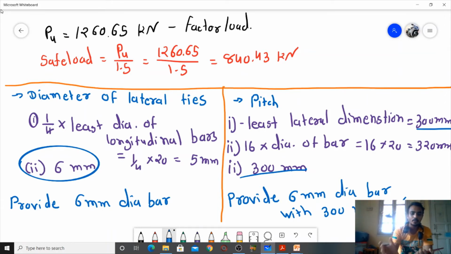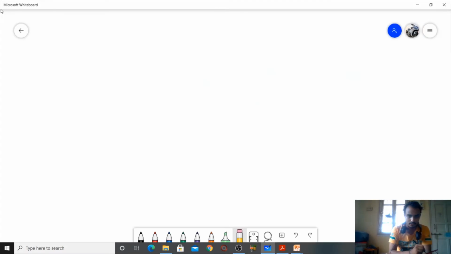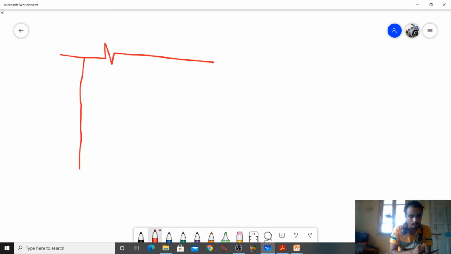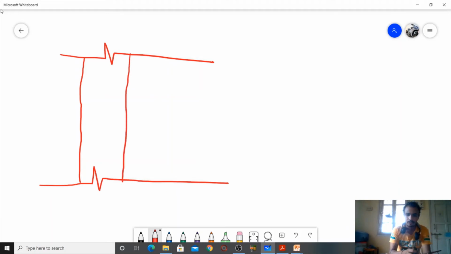Now we have to draw the cross section. Now first of all, it's a column.